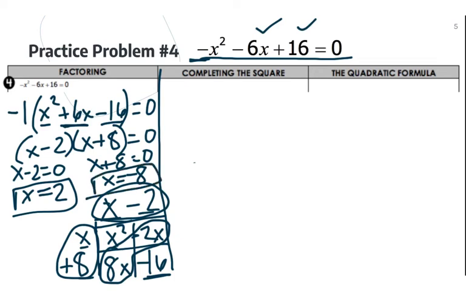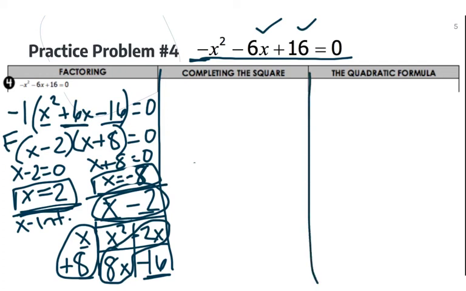Okay, so my two factors are x minus 2 and x plus 8. My two solutions are x equals 2 and x equals negative 8. That's where they're going to cross the x-axis, right? Okay, so now completing the square. I have the same exact problem.